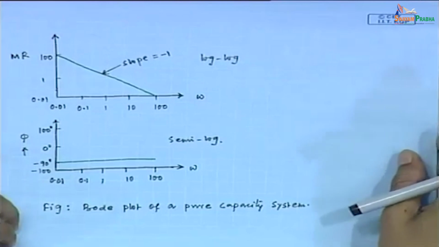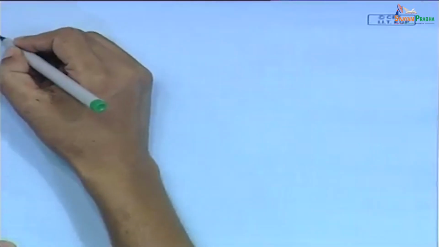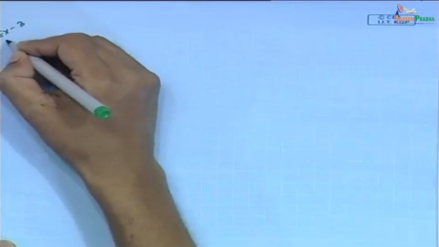So far we discussed the construction of Bode plot with taking two examples. So, in the third example we will consider dead time. In example 3 we will consider pure time delay system.